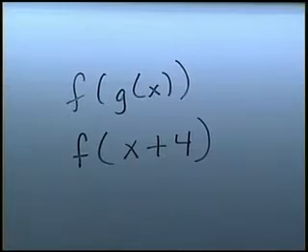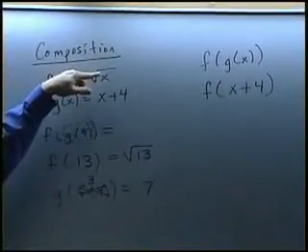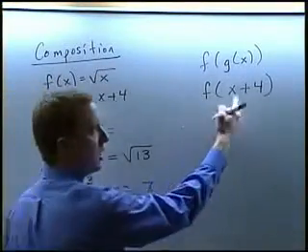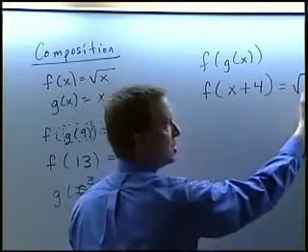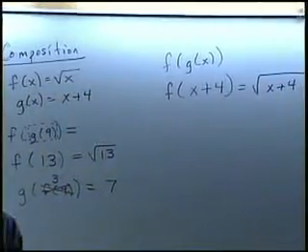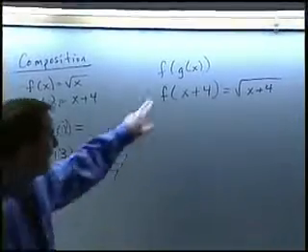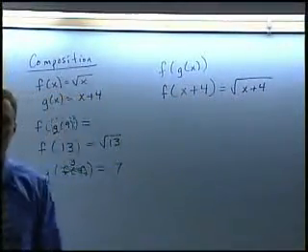Well, what am I supposed to do in function f? I'm supposed to take the square root of my number, correct? So what I'm going to do here is I'm going to take the square root of my number, and my number just happens to be x plus 4 this time. Okay? And so this is what f of g of x would equal, the square root of x plus 4.